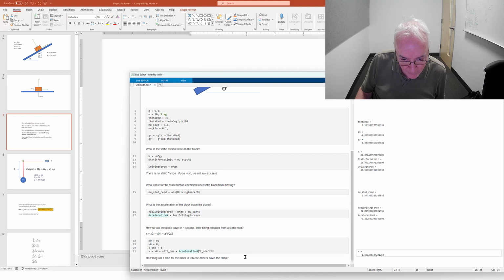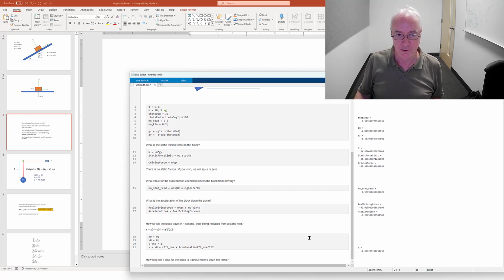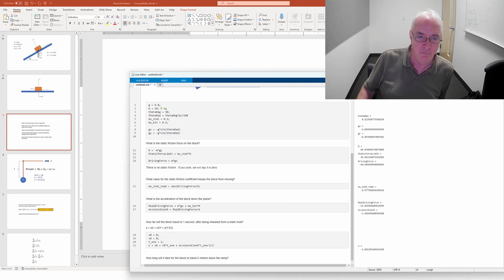And so now, our next question, and this is our last question, is how long will it take for the block to travel 2 meters? So I think what I'll do is wrap up this video, and we'll do a third video. That's a little bit of a tougher question, because what it's really going to get at is, you can see it here, we're going to be solving this problem where we know x, but we don't know t.